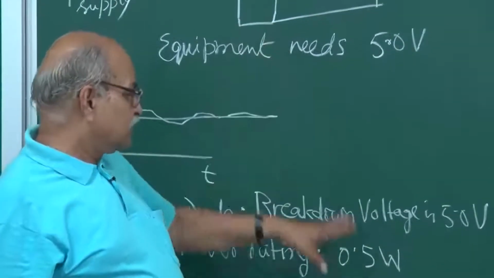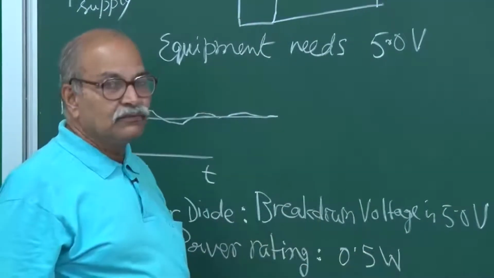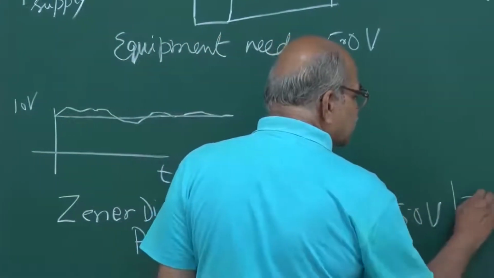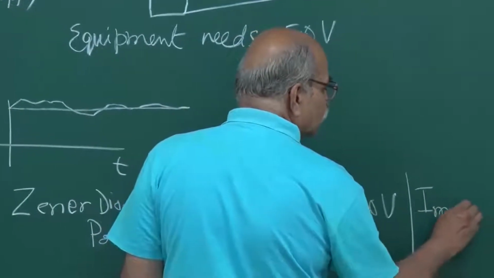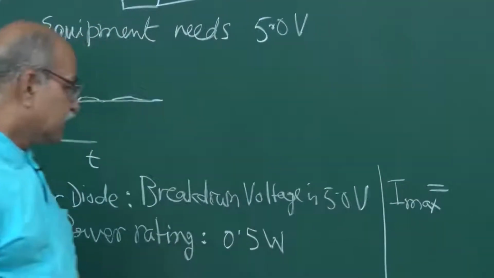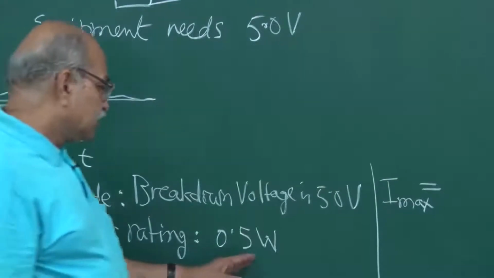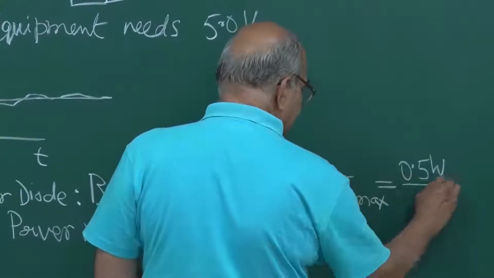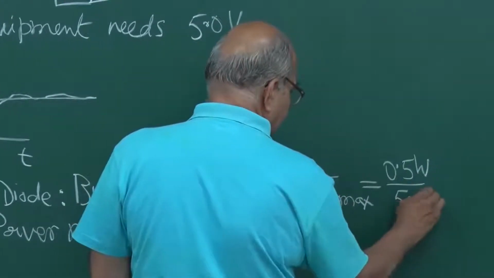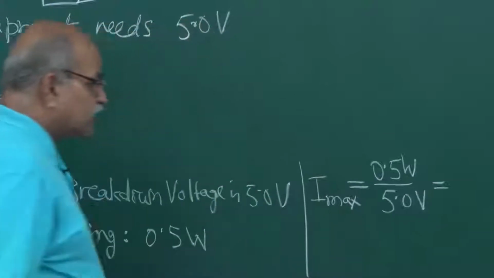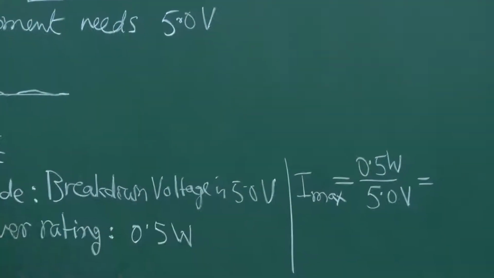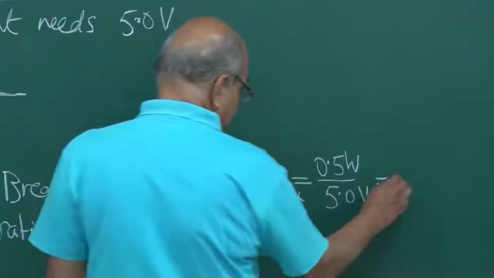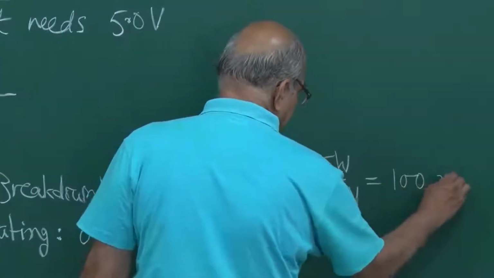Suppose for my Zener the power rating is 0.5 watt. What does that mean? The maximum current which can go through this Zener is what? V into I is power, so it is 0.5 watt divided by 5.0 volts, which is 0.1 ampere or 100 milliampere.